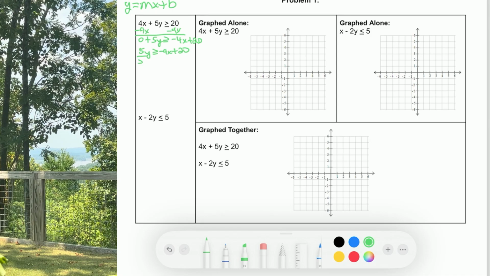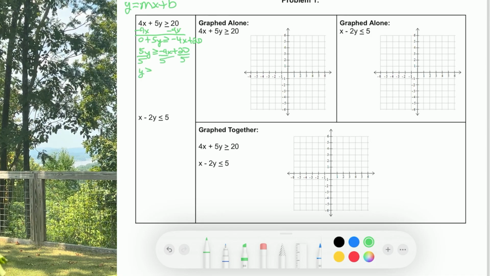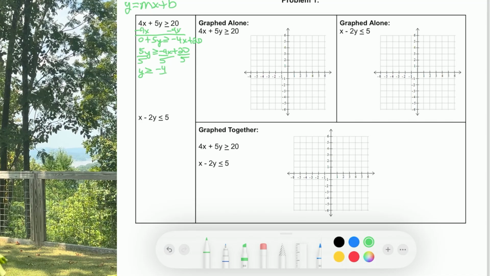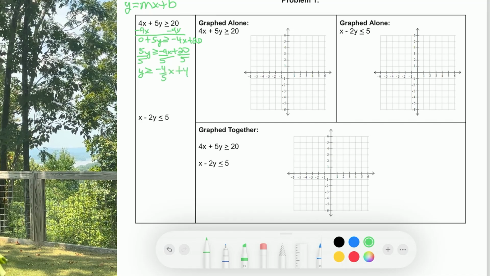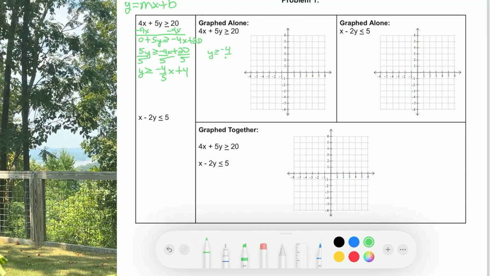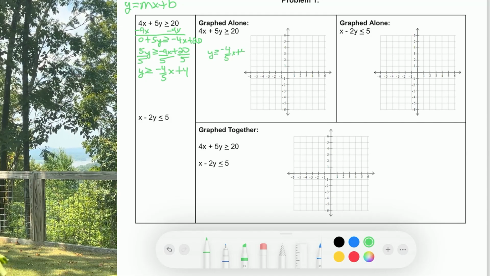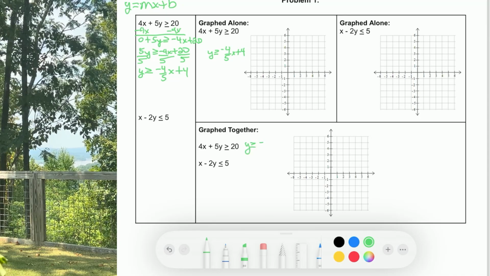Divide everything by 5. And I end up with y is greater than or equal to negative 4/5 x plus 4. I'm going to rewrite that over here since that's this equation, and we'll need that for graphing. I'm also going to go ahead and write it here so that we'll have it later.